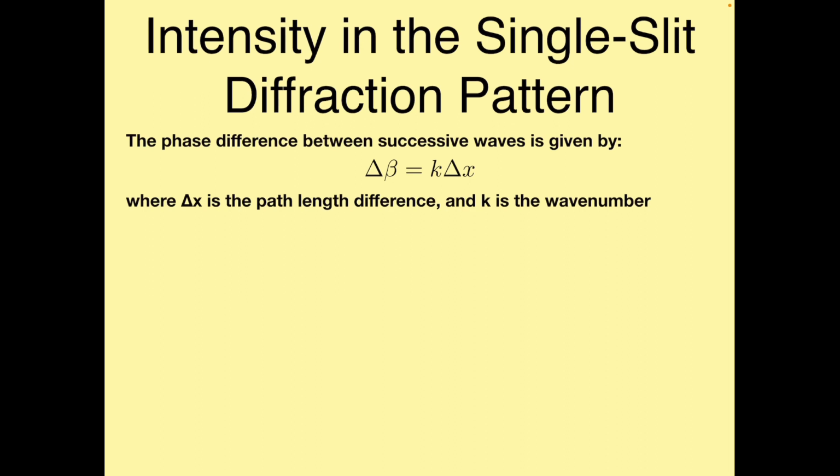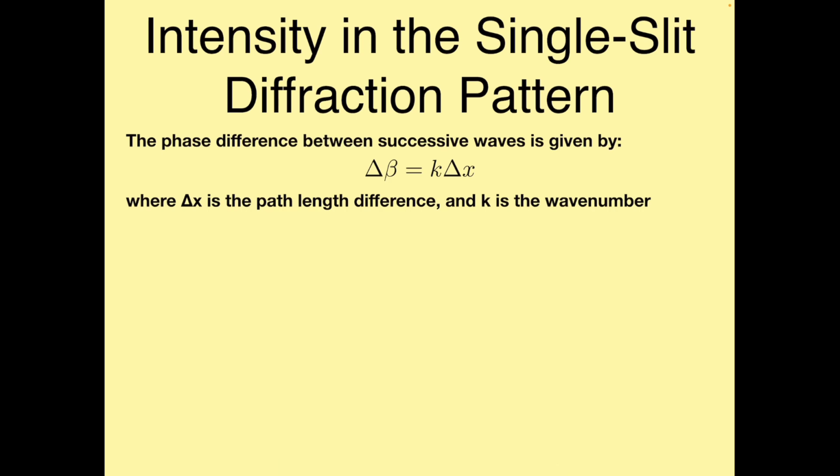So next, I want to remind you of a result that we derived back in chapter 34. If you have two waves that are in phase at a certain point, but then they travel different distances to get to another point, the phase difference between them is going to be k times delta x. Okay, the wave number k times delta x, which is the path length difference.